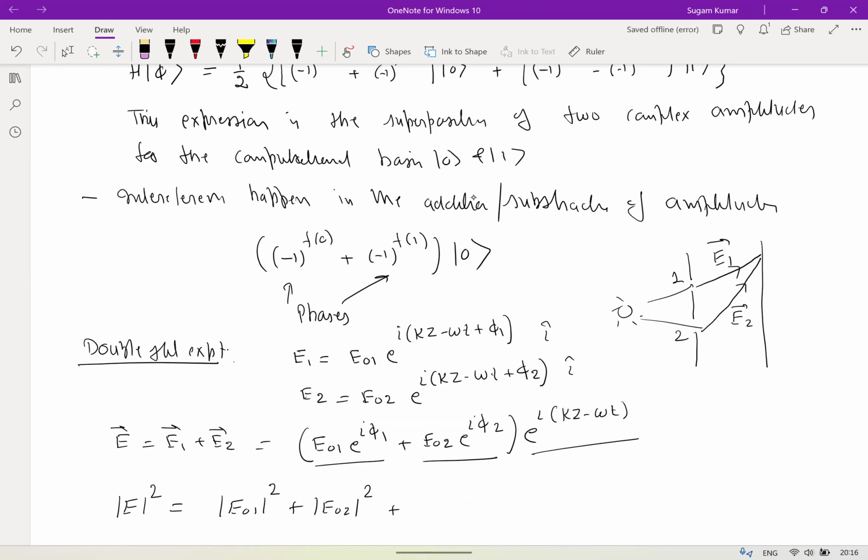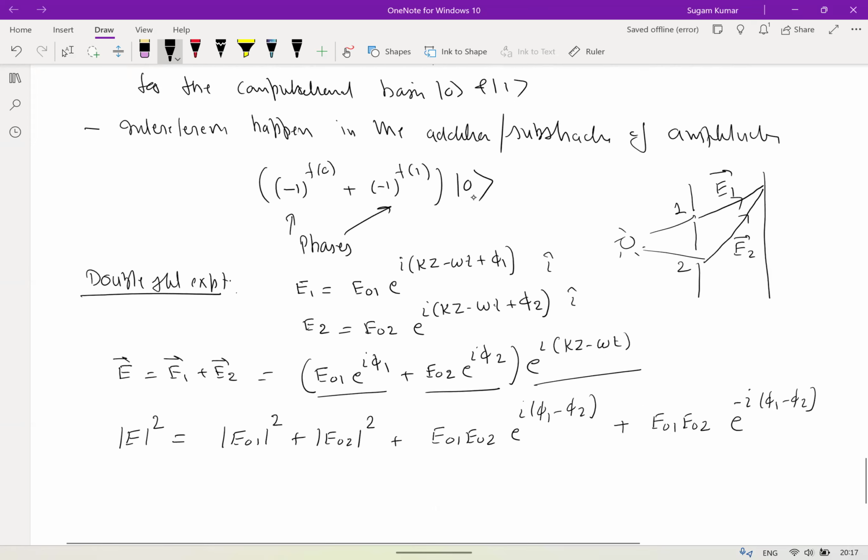This is a complex number, so it will be minus for the conjugate term.